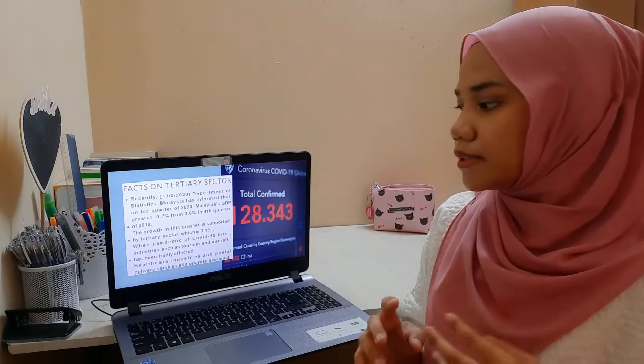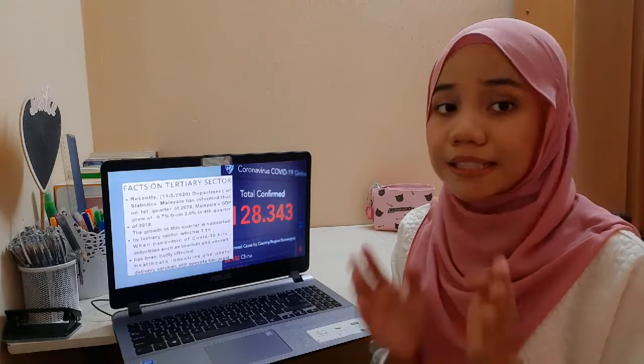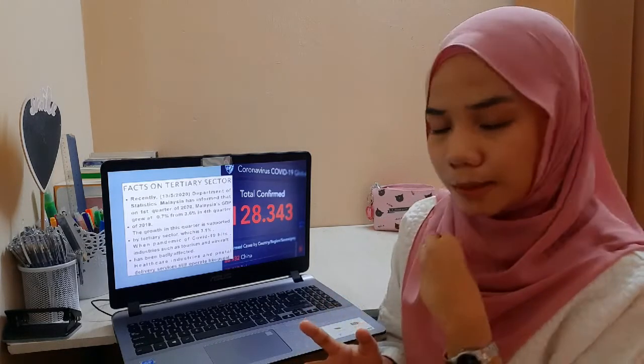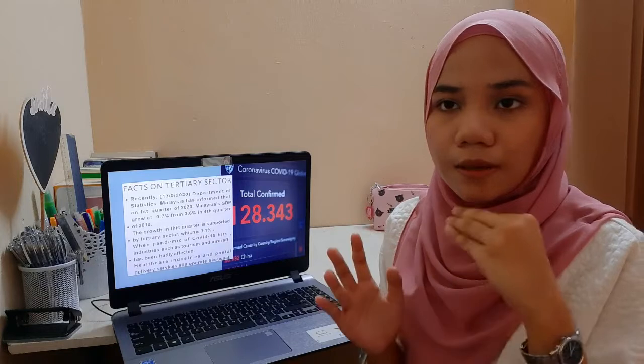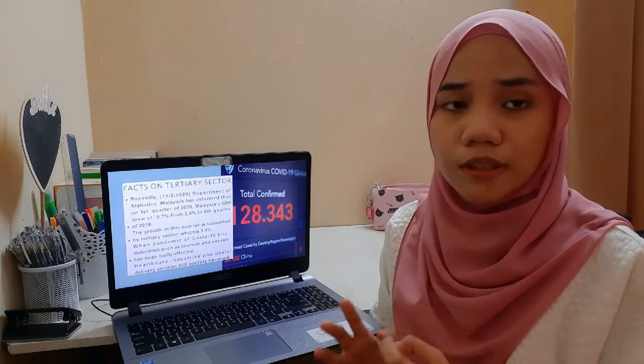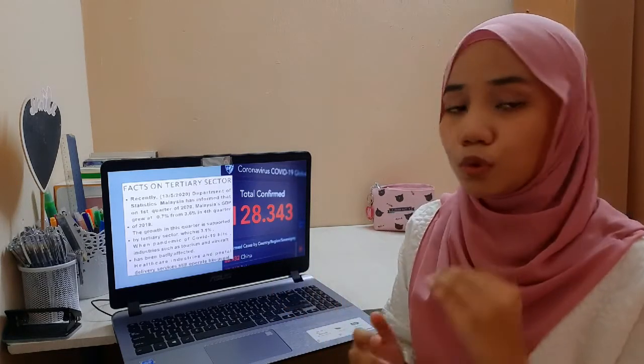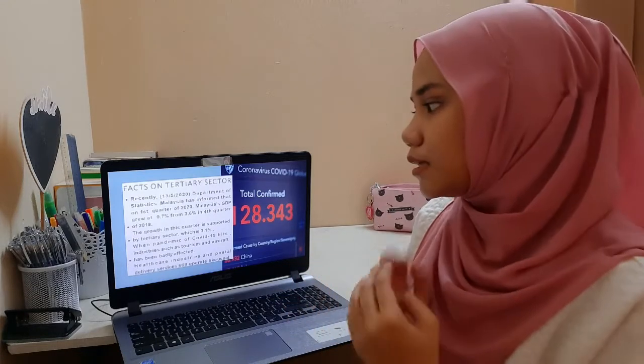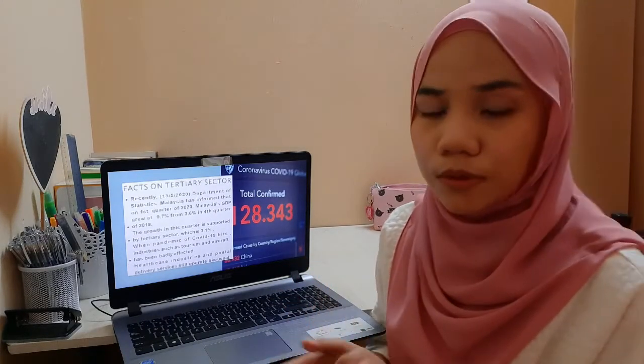The growth in the quarter is supported by the tertiary sector, which is 3.1%. You can look at it like the tertiary sector has contributed 3.1% to our GDP in this first quarter of 2020.